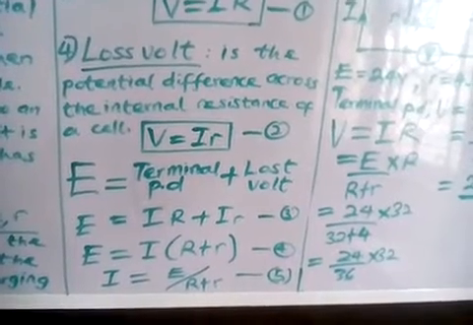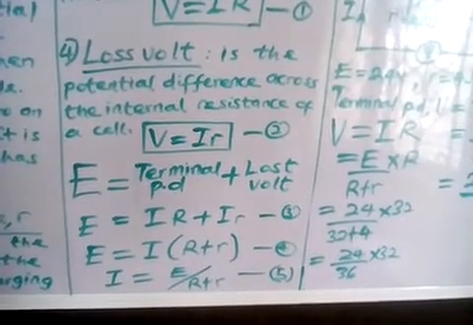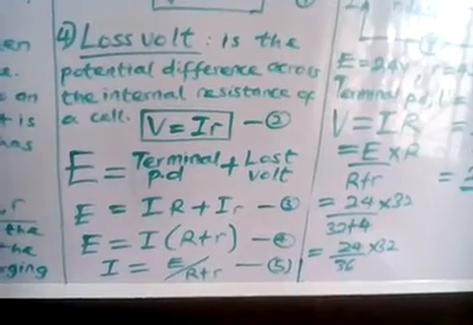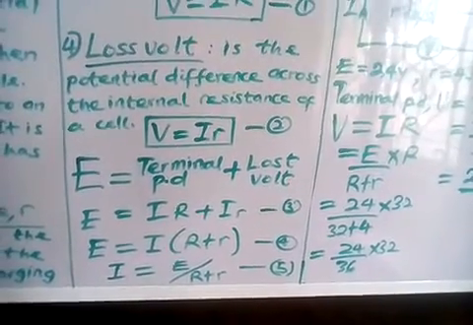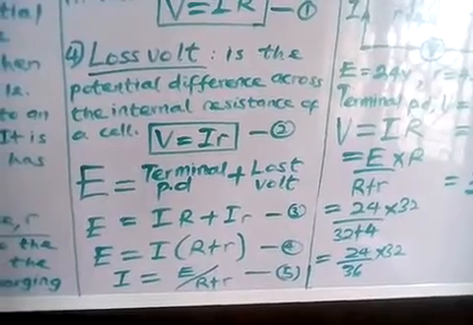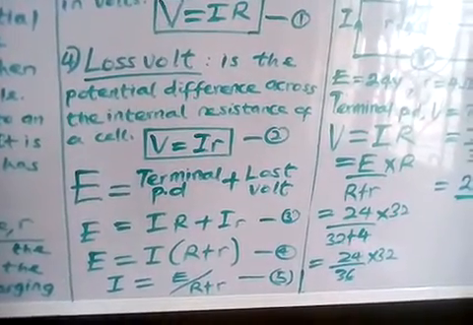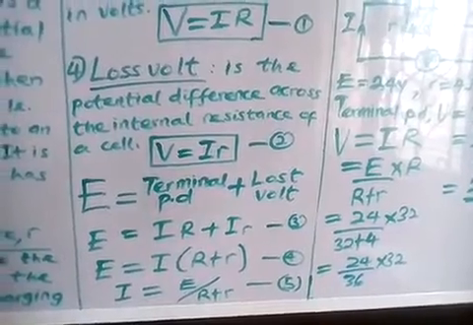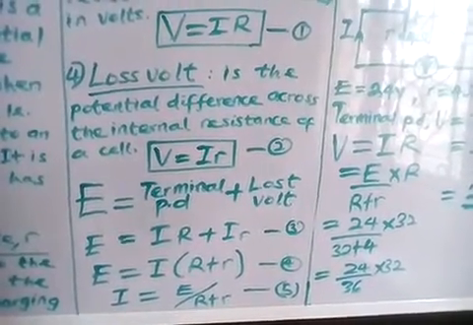If you bring I out, we have E equals I open bracket R plus r. Then we make I the subject of the formula. We have I equals E all over R plus r. So this is the formula connecting terminal PD, loss volts, and our electromotive force.